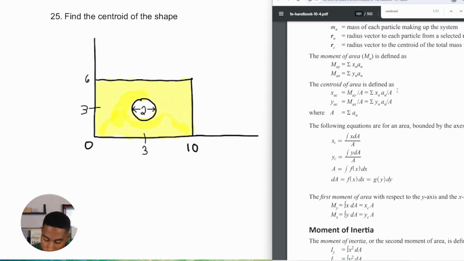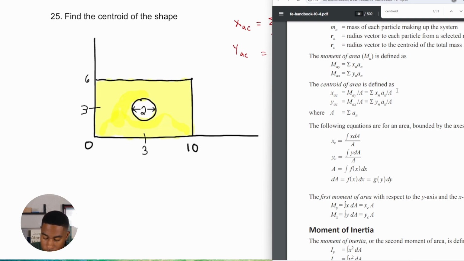And so here I can look at this and say that we want to split this up, and I'll write the XAC, and we'll say XAC is equal to the sum of X sub n times A sub n all over A. All right, and then YAC, centroid of the shape, the sum of Y sub n A sub n all over A. Okay.